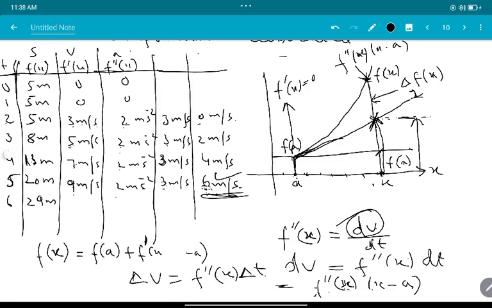Let's take the average of these two extreme velocities. At the beginning of the interval the velocity is 0. At the end of the interval the velocity is this. So the average will be their sum divided by 2.